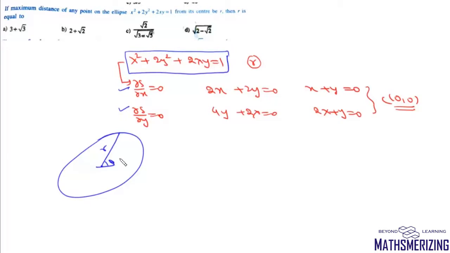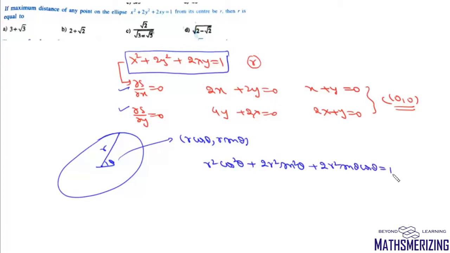So we can write x as r cos theta and y as r sin theta. So we'll use polar coordinates to find this maximum distance. Now we'll put x as r cos theta and y as r sin theta. We can write this as r square cos square theta plus 2r square sin square theta plus 2r square sin theta cos theta, and it is equal to 1.